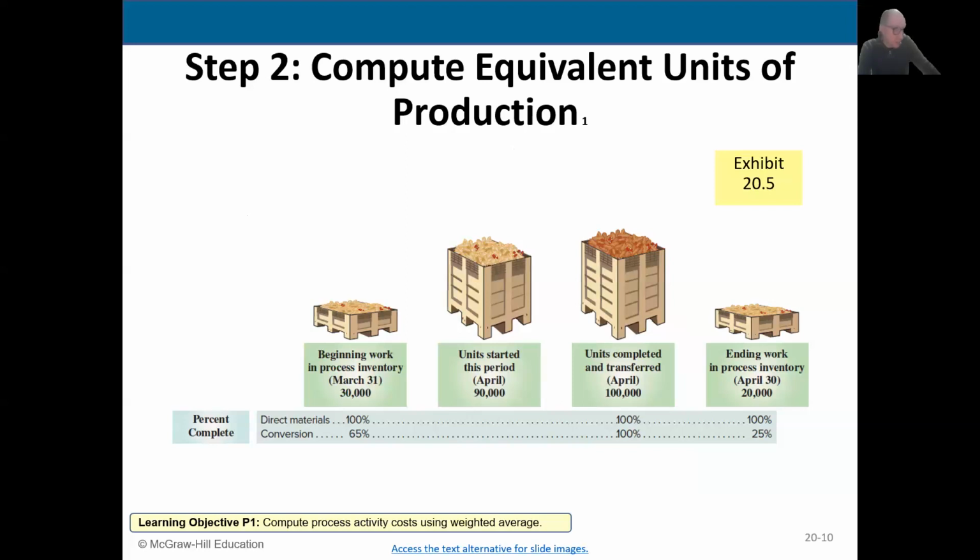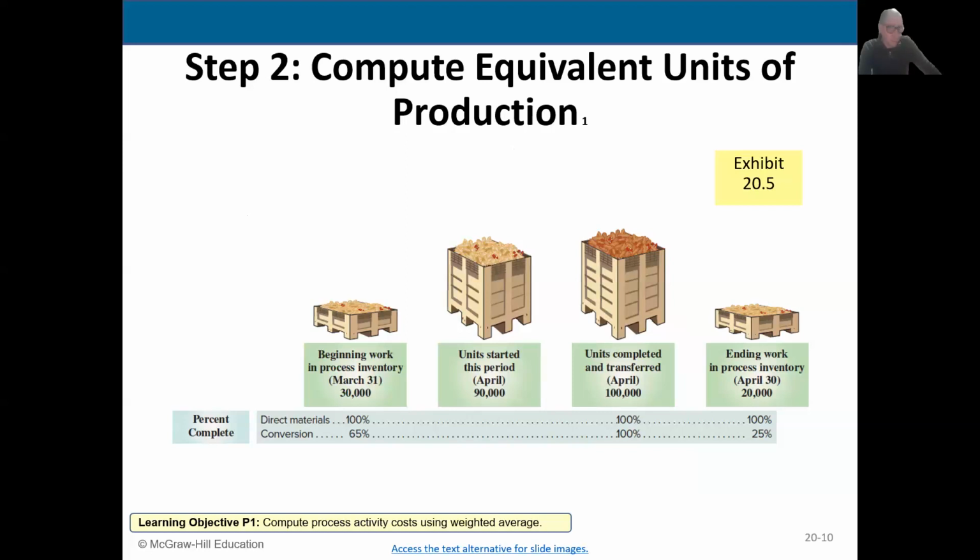This includes direct materials that started production at the beginning of the process, while the conversion costs occur throughout each department's processing. Let me explain to you conversion costs. Conversion costs consist of the direct labor and applied factory overhead. We call these conversion costs because they are costs of converting raw materials into finished goods.